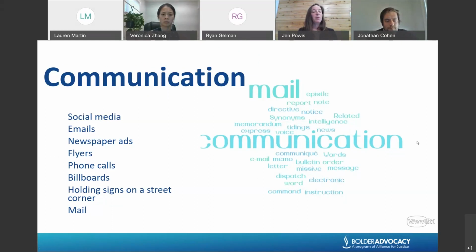Social media, billboards, banners, holding signs on street corners, sending odd little packages to legislators. All of that is going to be communication and should be looked at as a tool that you can use in order to build your campaign, to share your campaign, to encourage others to join you in meeting your mission. Next slide.